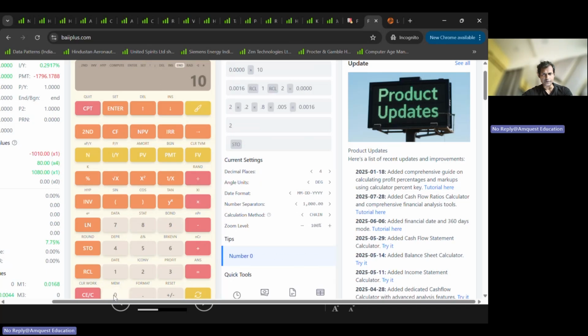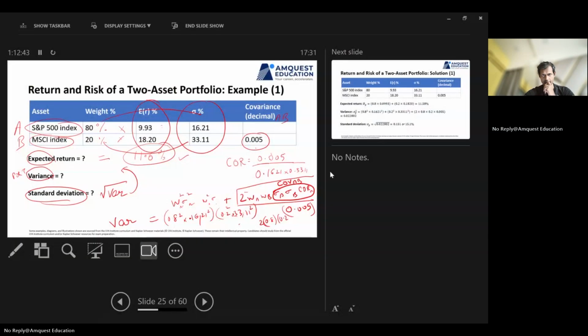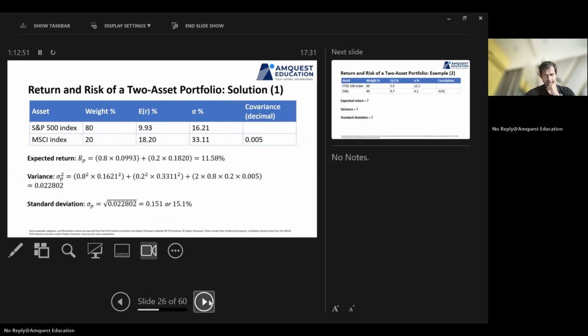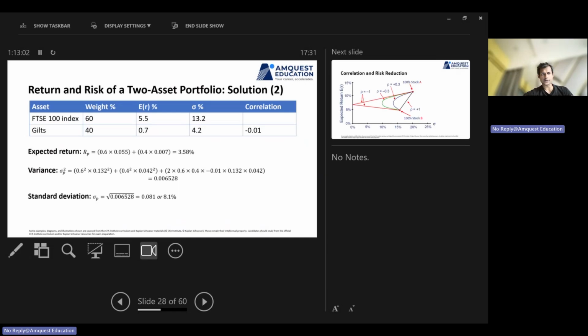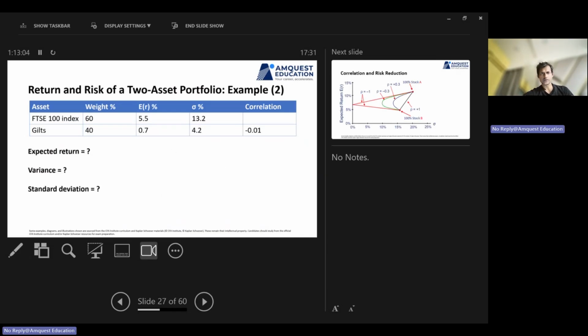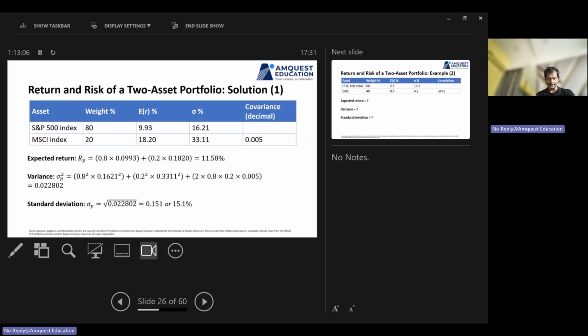Into 100. Yeah. Can you see my answer screen? Yeah. This is the answer. So the variance when you do this should come to 0.0028.